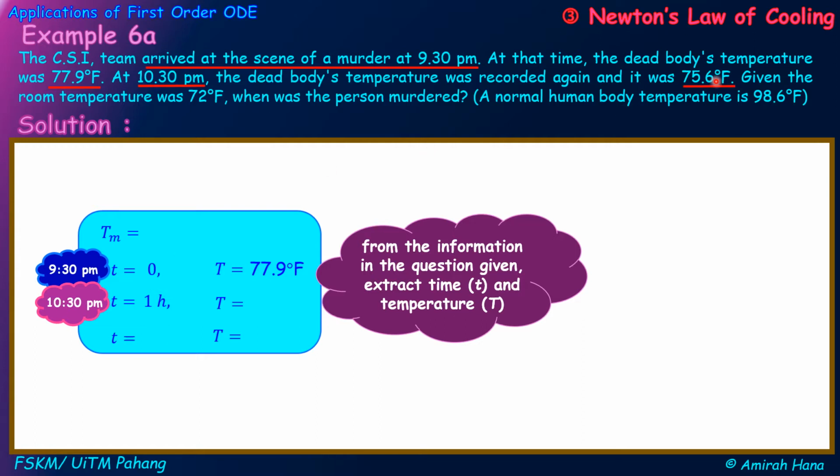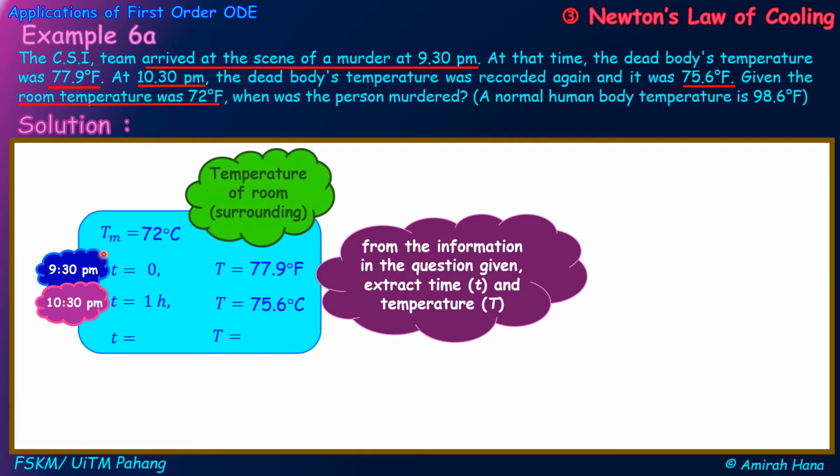And 75.6 degrees Fahrenheit is the temperature after 1 hour. Room temperature was 72 degrees Fahrenheit, so we put Tm, where Tm is the temperature of the room or the surroundings. And the word 'when' in 'when was the person murdered' means we want to find the time, t, so we write t equals question mark.